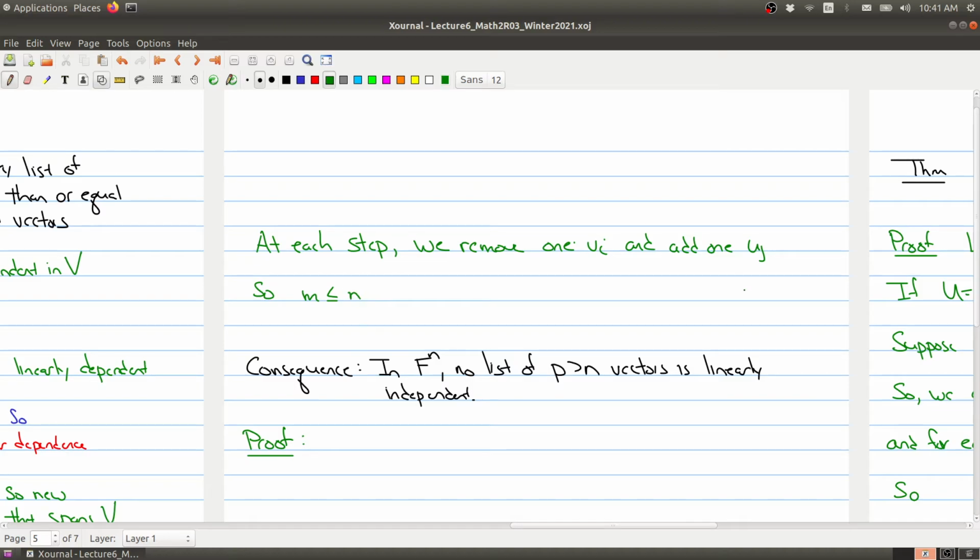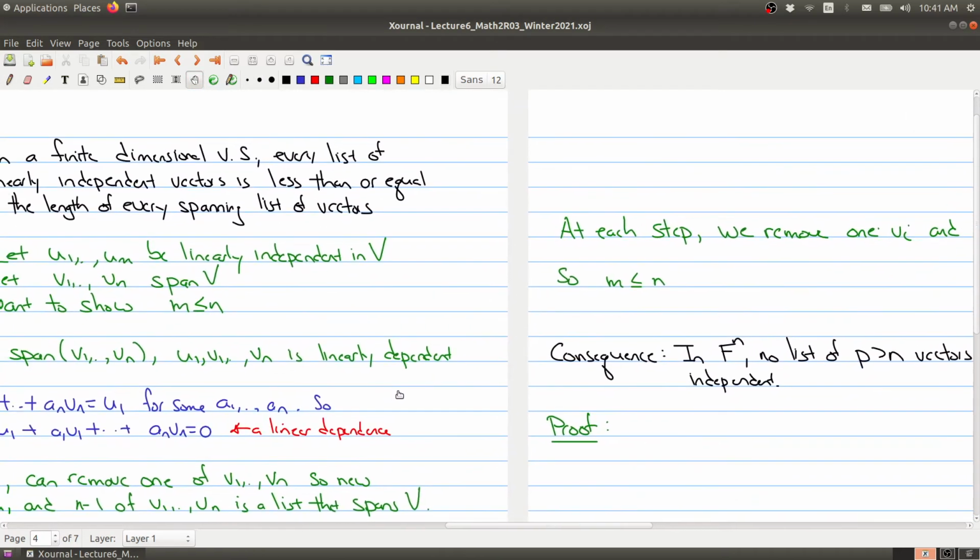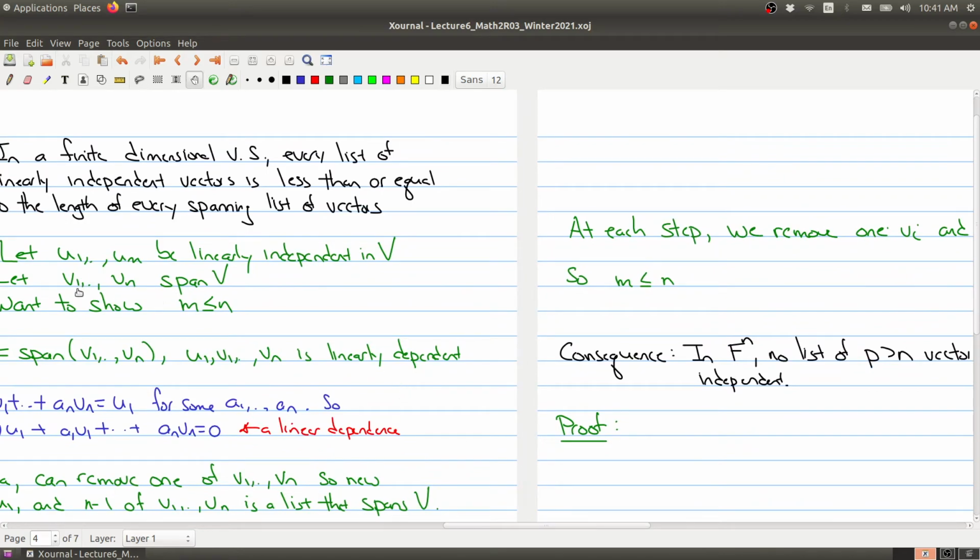Okay, so whenever we have a VI, make sure I say it in the right order. Whenever we have a VI, we can throw it out and replace it with a UI. So at the end, we can take each of these VIs and we put it with a UI.